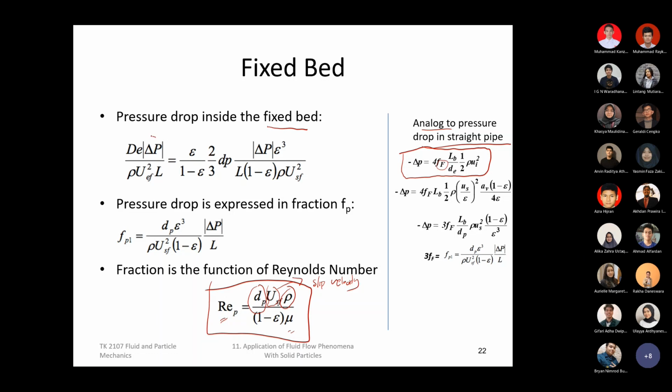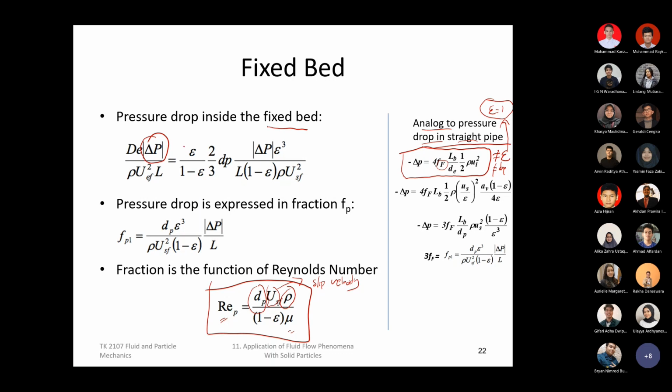Okay, so this is the delta P of the system. Of course here you don't have any epsilon, for a pure liquid correlation. Of course, you don't have any epsilon and you don't have any dp. Why? Because for a clean liquid without any particle you can always assume the epsilon to be 0.